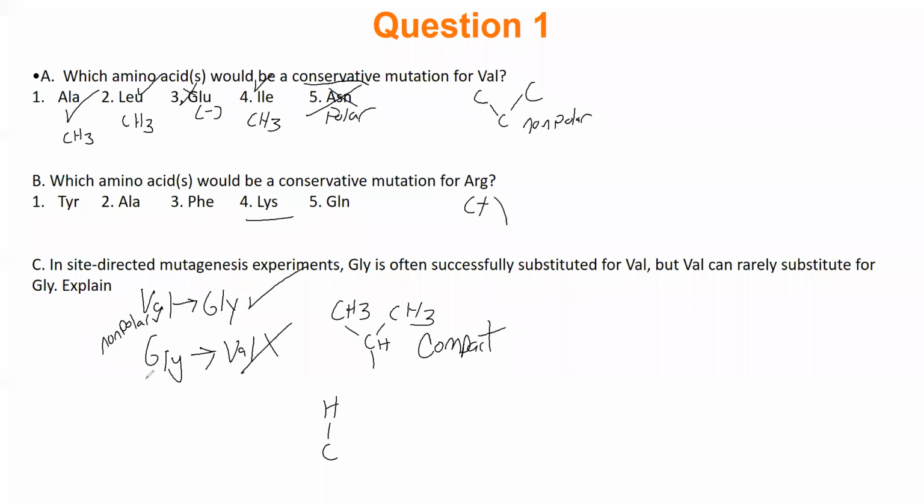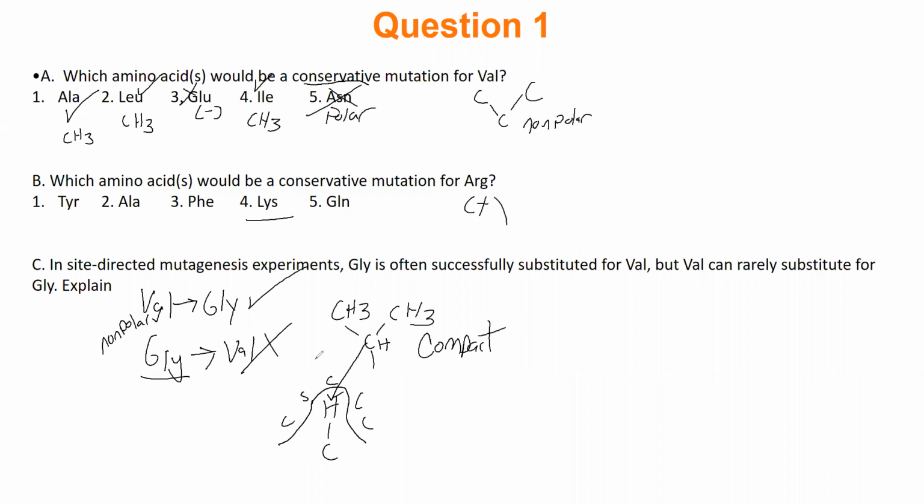So if in my original sequence I have a glycine, the side chain is just a hydrogen. That means all around that hydrogen, I probably have different elements right next to it. And so if I try to replace this hydrogen with a big bulky group, it doesn't fit, right? The protein won't be able to adapt to that.